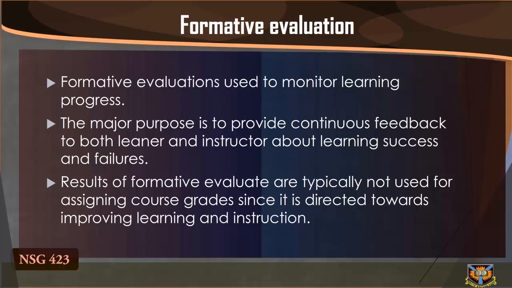The feedback gives reinforcement to students, gives information for modified instruction, and prescribing group or individual remedial work on the part of the teachers. Results of formative evaluation are typically not used for assigning course grades, since it is directed towards improving learning and instruction.